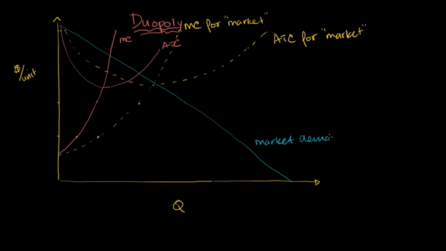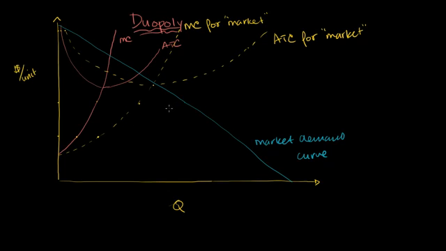So if both of these firms operated together, I also want to draw the market marginal revenue curve. Now remember, we're going to assume that both of these firms are acting together. If they perfectly coordinate, they can join their capacities and act essentially like a monopoly.